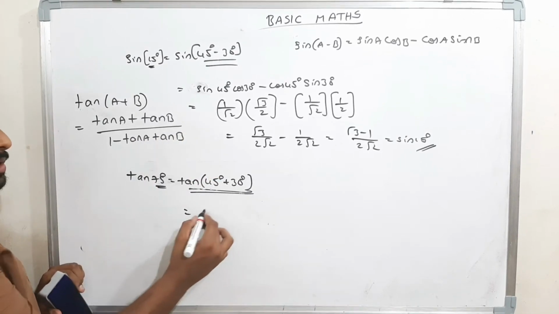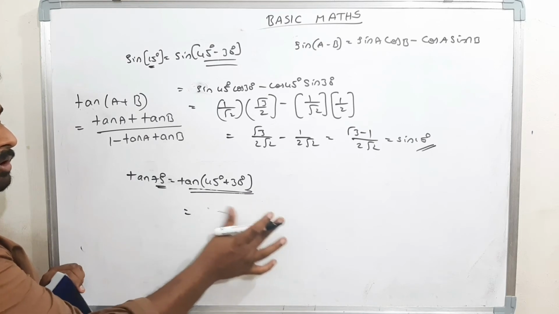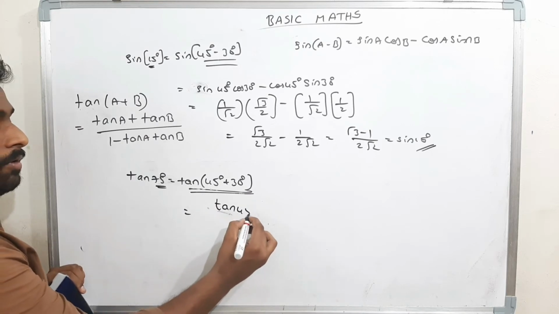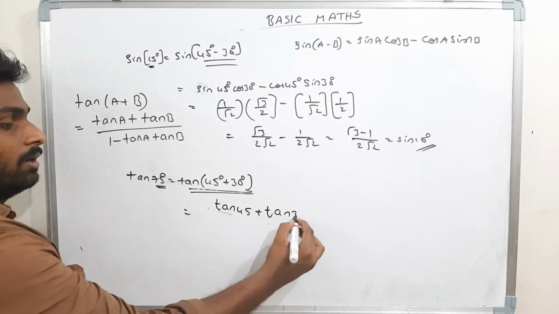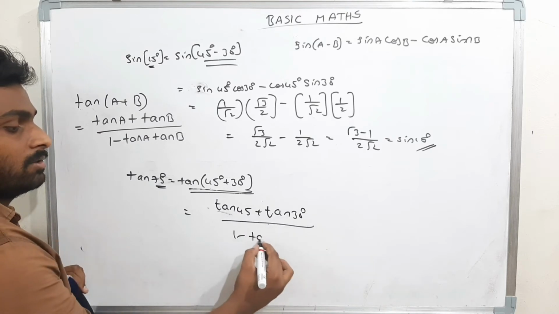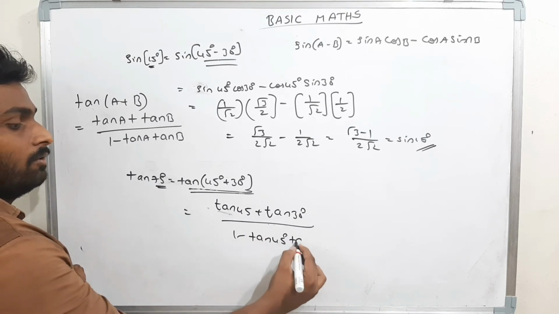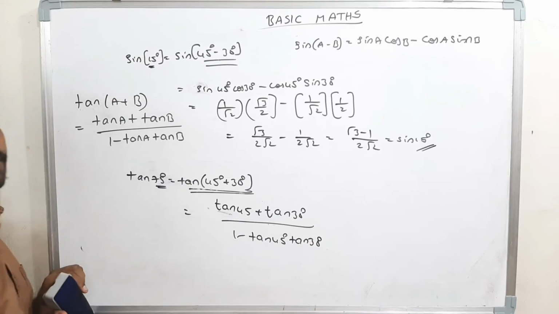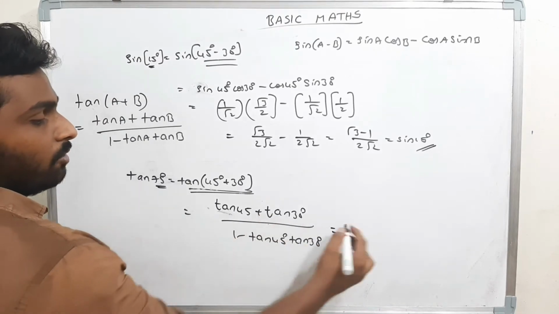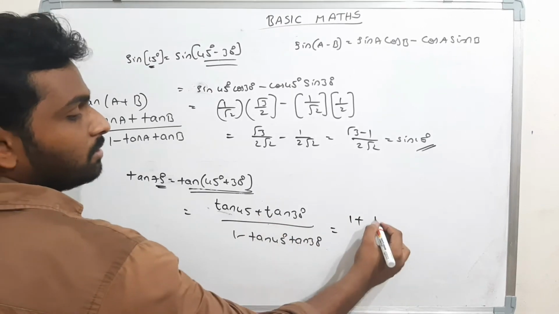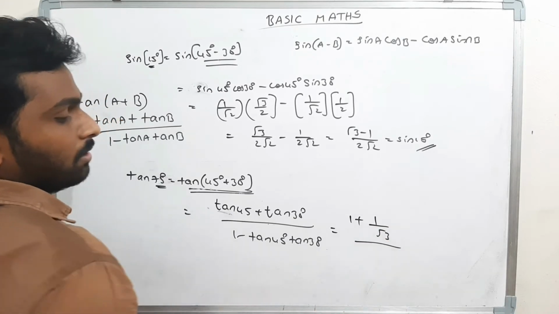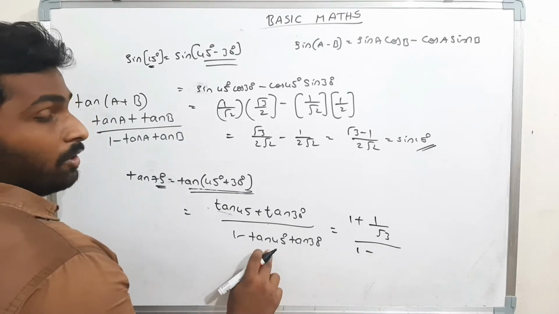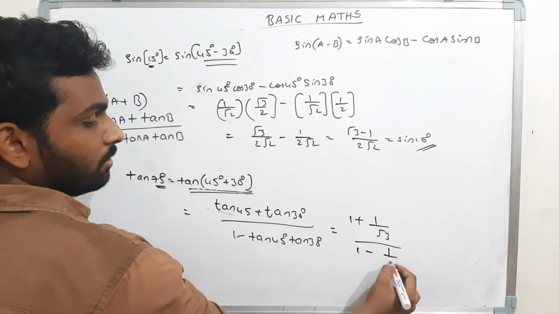Use the formula here, what will you get? Tan 45 plus tan 30 degrees by 1 minus tan 45 into tan 30 degrees. What is the value? Tan 45 means 1, plus tan 30 means 1 by root 3. 1 minus tan 45 means 1, tan 30 means 1 by root 3.